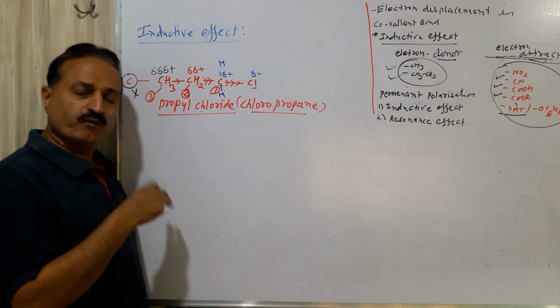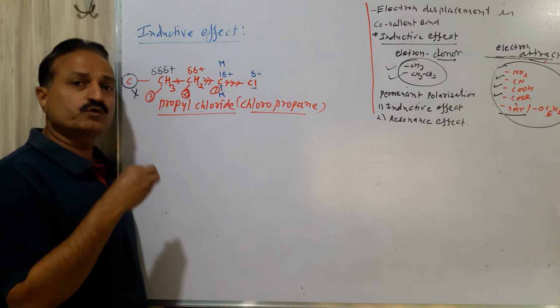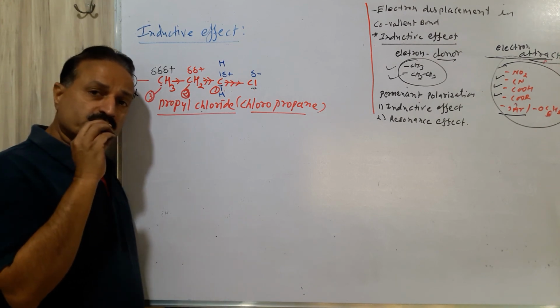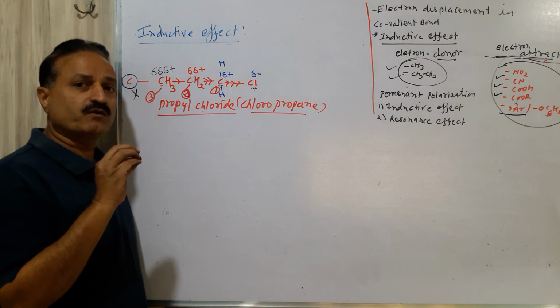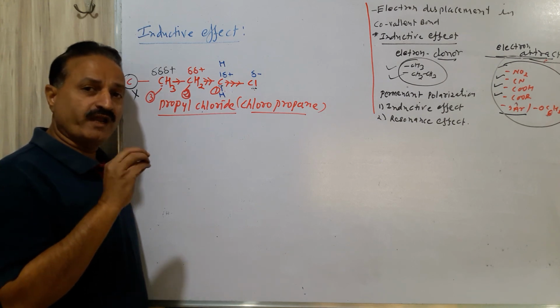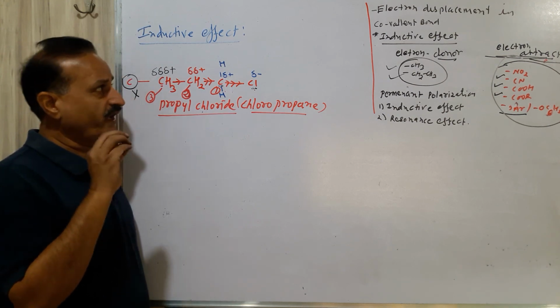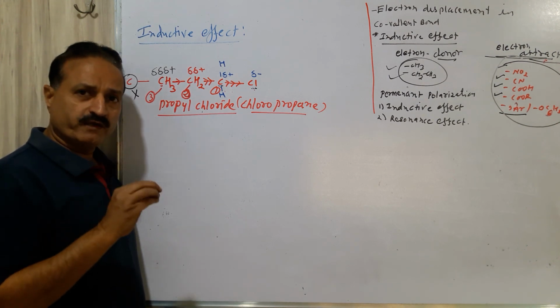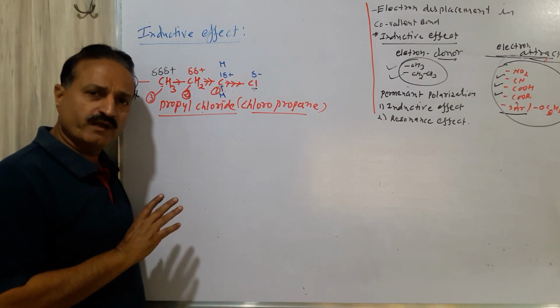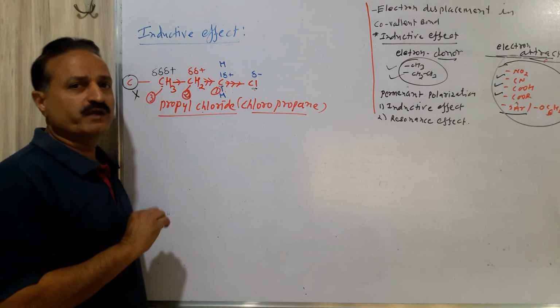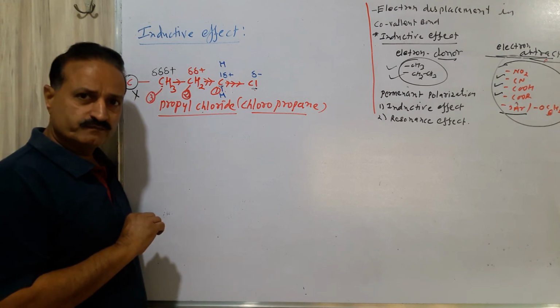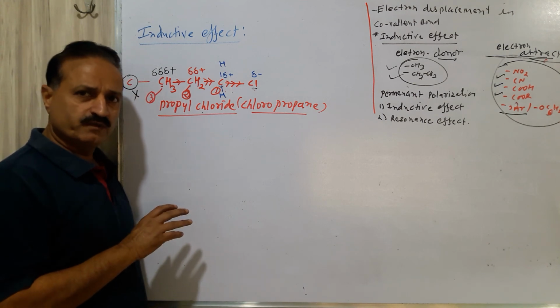I have given the propyl chloride example because I want to show that only up to the third carbon there is an inductive effect, and the fourth carbon has none. So very easy, very simple.